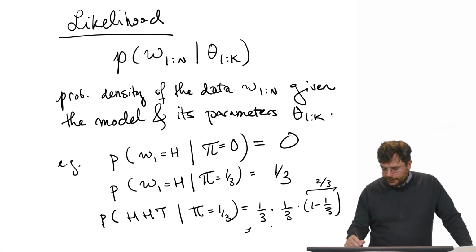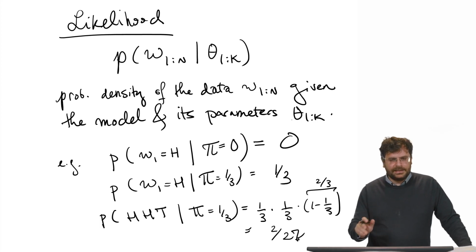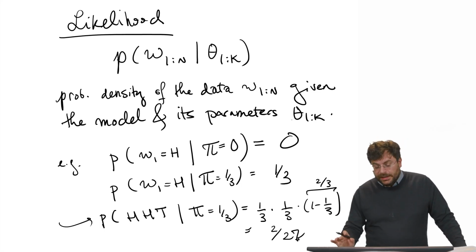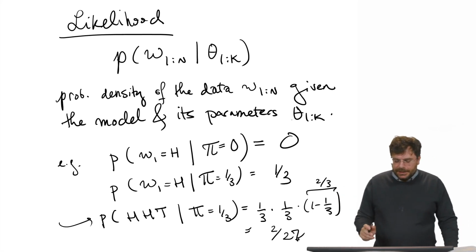So if I do my math correctly, that's 2/27. That's the probability of heads, heads, tails of that sequence, given that the probability of heads taken by itself is 1/3. Now, these are easy examples that I can do by hand here, but later on, we'll be doing much more complicated examples where you can't just guess these things.